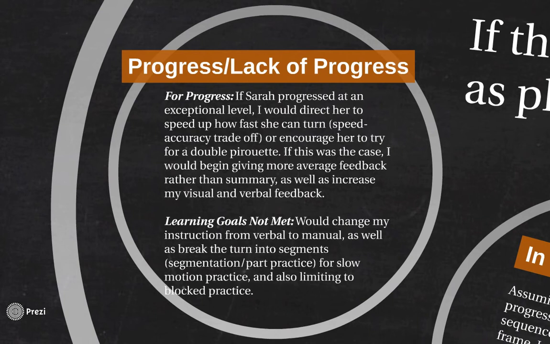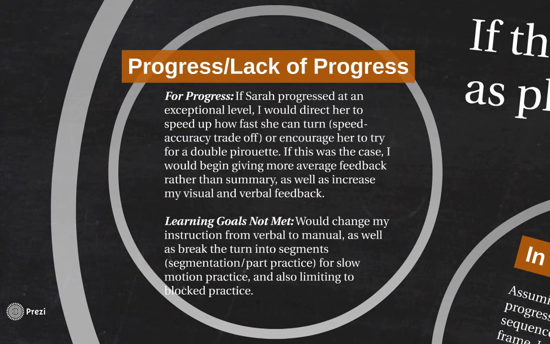I would manually place her body in the correct position, take her, turn her around in that correct position, and then set her down. So all I'm saying is that manually I would manipulate her body in a way that we would be able to together execute the turn correctly, so that she is able to participate and feel internally how that turn is supposed to feel.